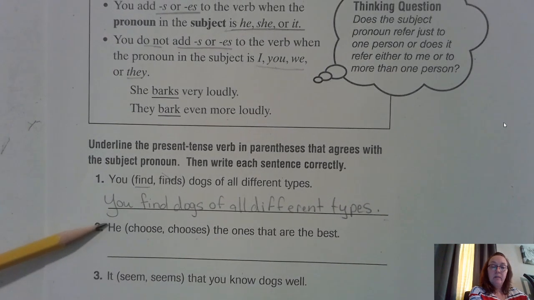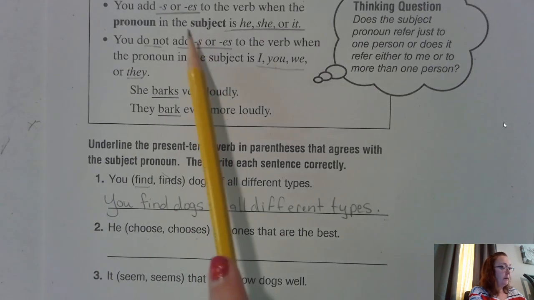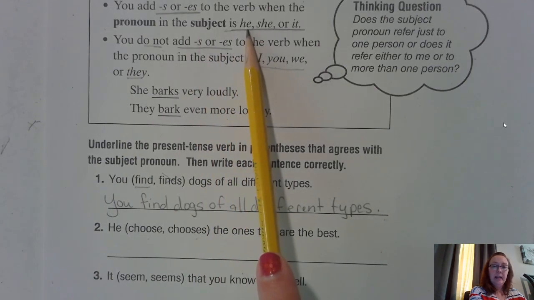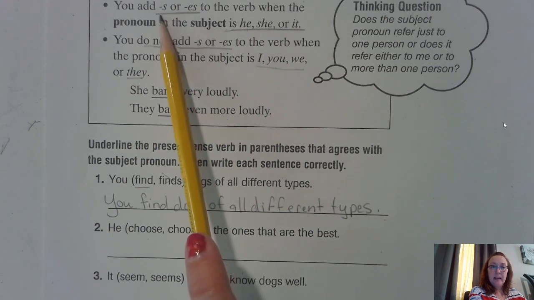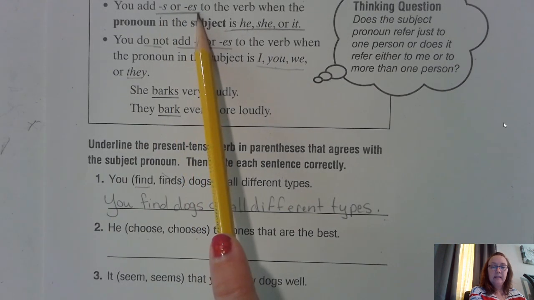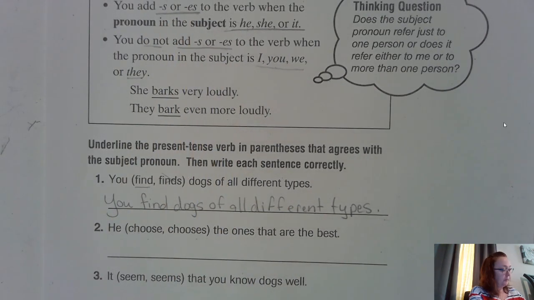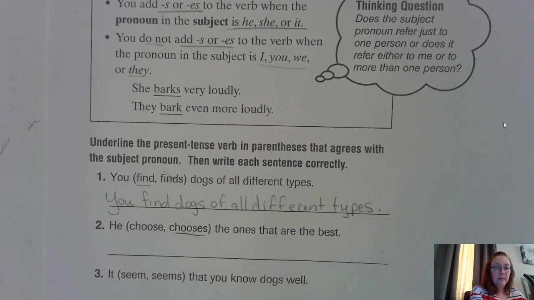He is our subject. You find him up here. He. There he is. He. Do we need to add S or ES? Yes, we do. Okay. So, chooses. He chooses the ones that are the best.